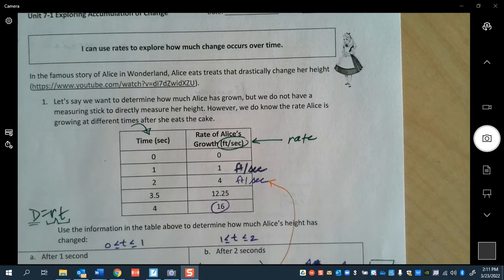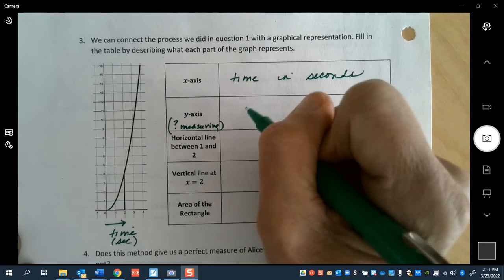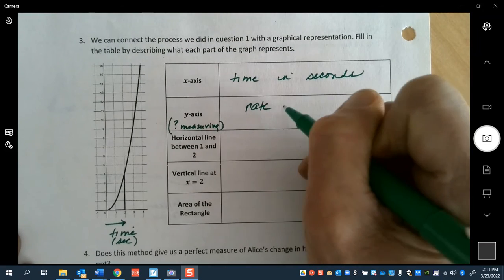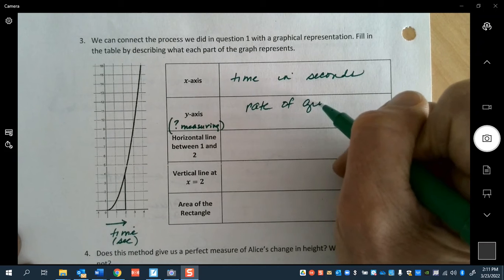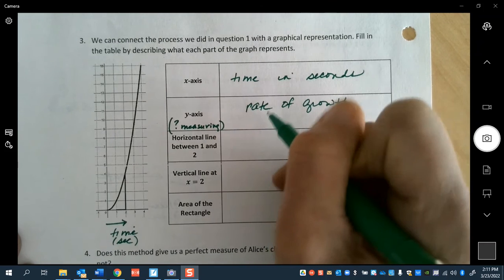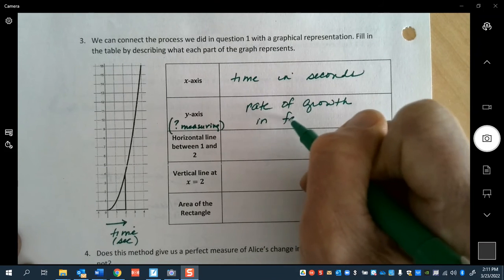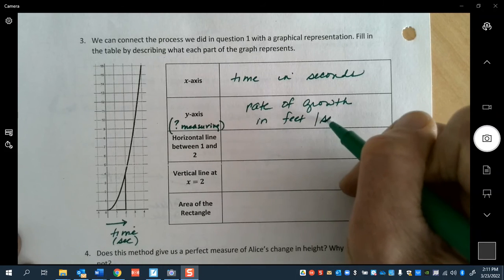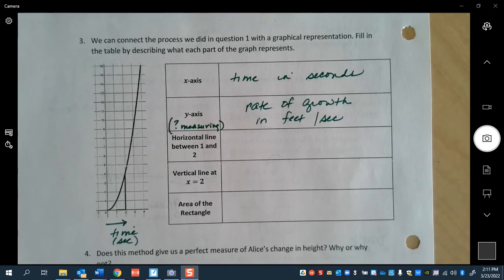No, I'm measuring the rate of her growth. So my output is the rate of growth. What is the units? How fast is she growing in feet per second?